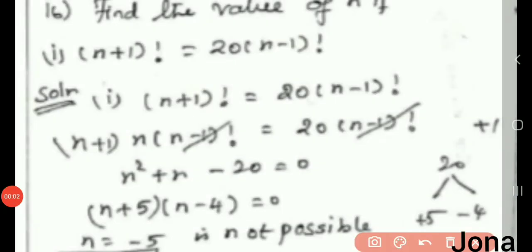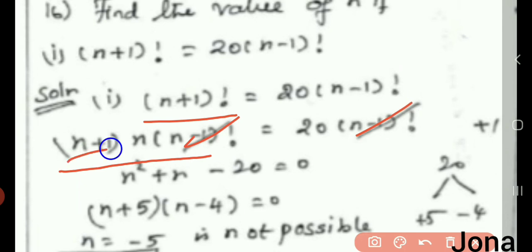16th sum, find the value of n if (n+1)! equal to 20 into (n−1)!. Here we have (n+1)! which is equal to 20 into (n−1)!. Okay, so here for this (n+1)! we can have (n+1) into n into (n−1)!, which is equal to 20 into (n−1)!, and we can cancel this (n−1)! and (n−1)!.